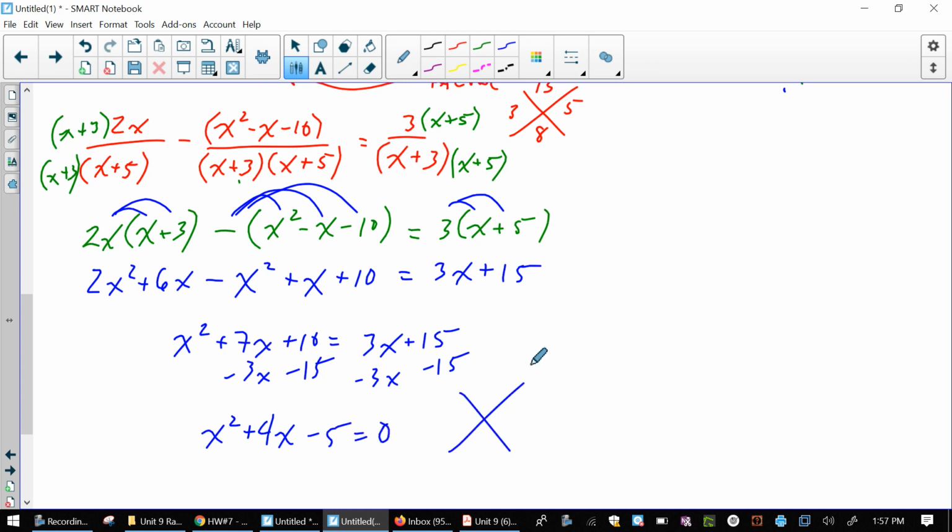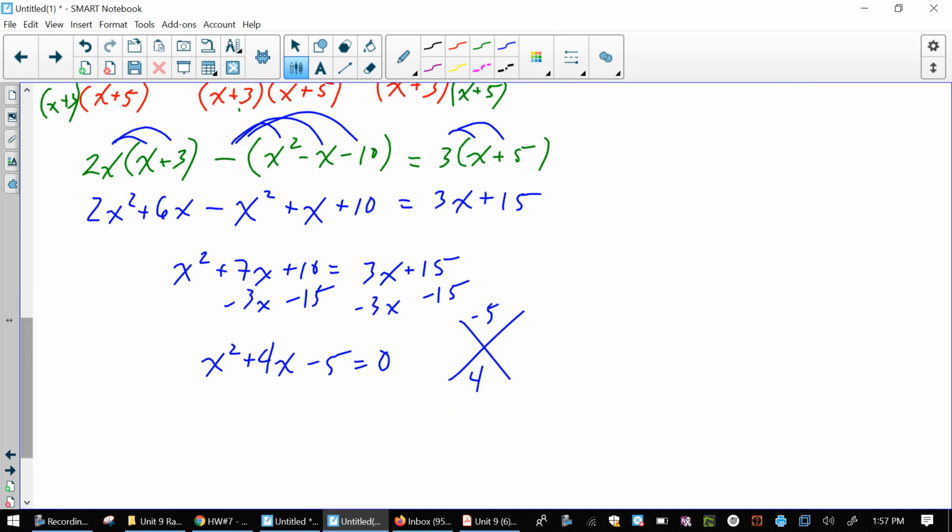So again, once we get out of those fractions, it's just like solving any equation that we've had. So this is a quadratic. We're going to factor it, -5. If you feel so inclined, feel free to use the quadratic formula. Okay, I'm probably not going to give you things that you can't factor, but again, remember, quadratic formula works for everything.